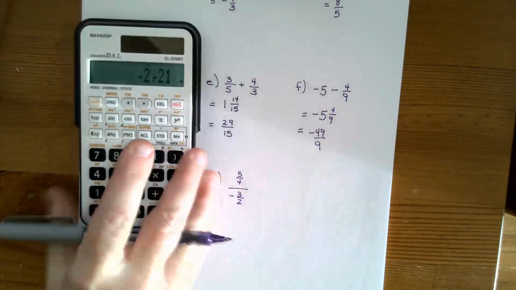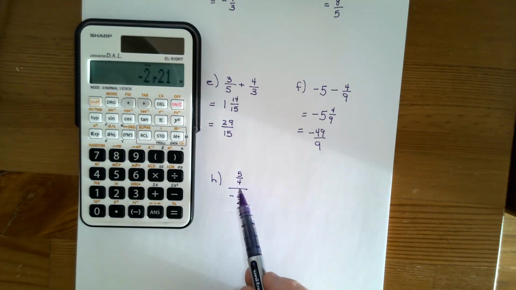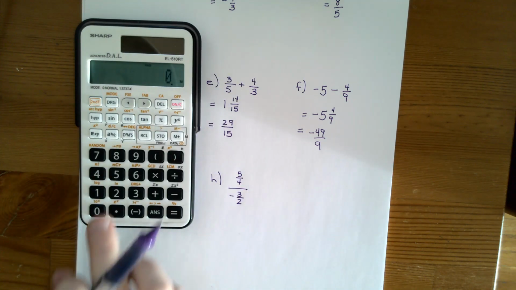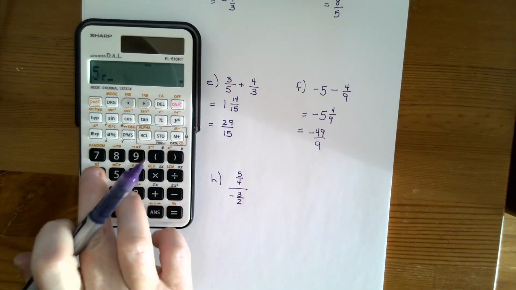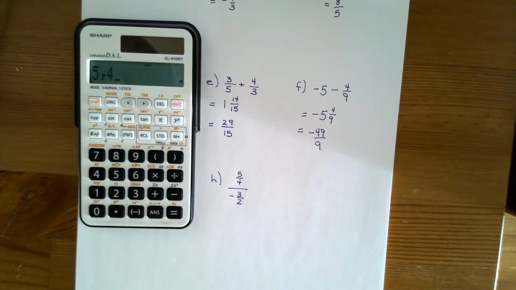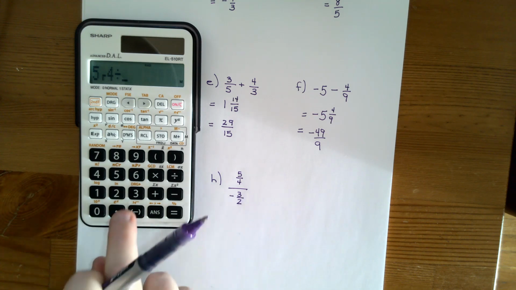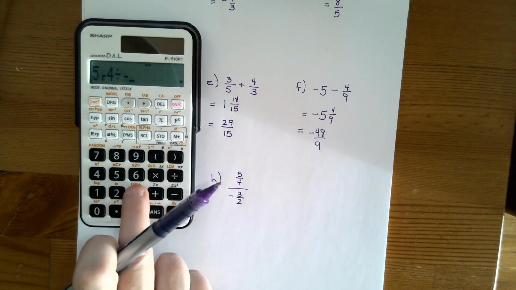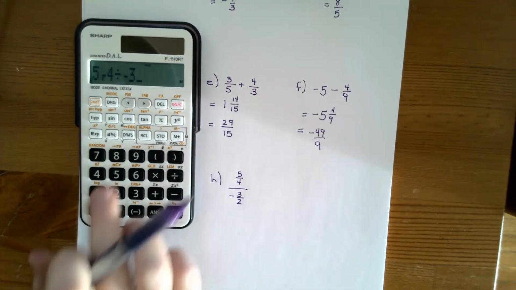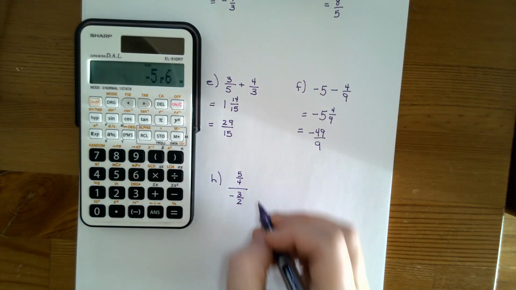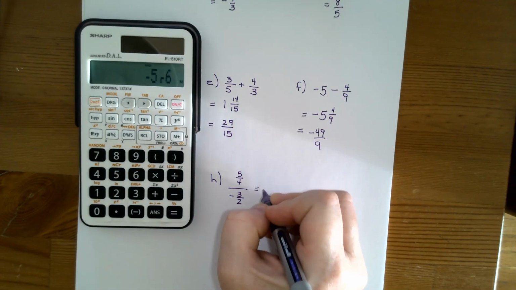And then lastly, H. So I have 5/4 divided by -3/2. So I'm going to do 5 ABC 4, and then I'm going to divide. So divided by, and then -3/2. So I hit the negative button, so -3, and to do the fraction ABC 2, and I get -5 over 6.